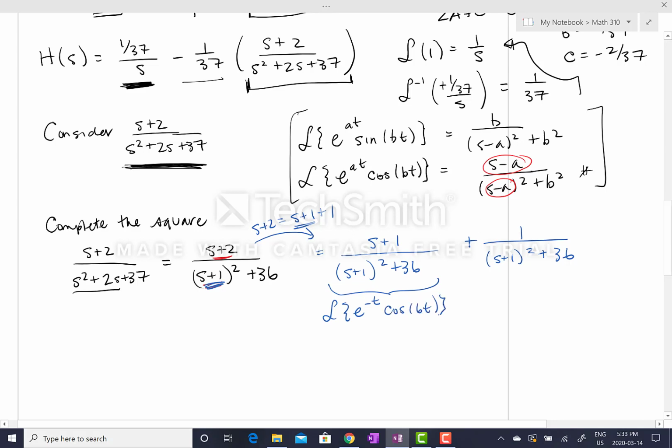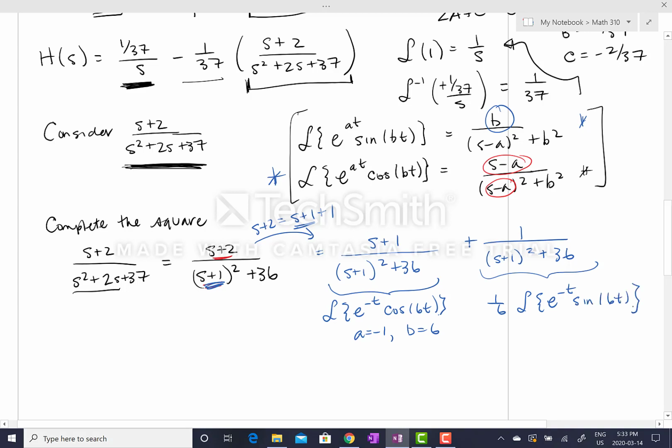That is basically the formula we identified here, with a equals minus 1 and b equals 6. Then I'm looking at this one, and it's not exactly in the form where I see this b here, but I can easily fix that problem, and then I recognize this as 1/6 of the Laplace transform of e to the minus t sine 6t.